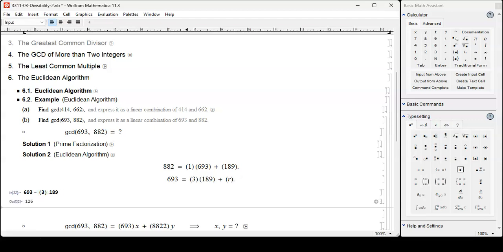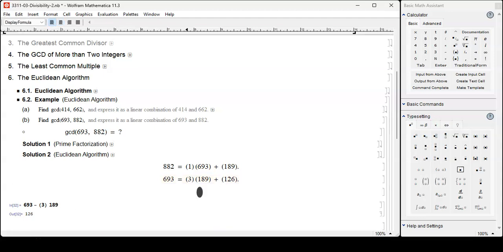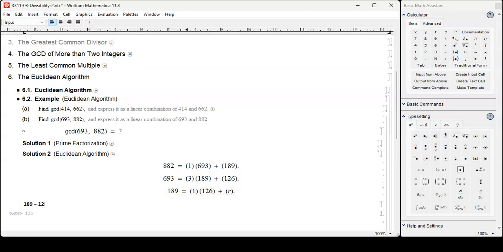Do this computation, I'm going to get 126. Next, I need 189 is some quotient times 126 plus the remainder. And then multiply by 2, still too big, so quotient is 1. So I'm going to get 189 minus 126, that's 63.